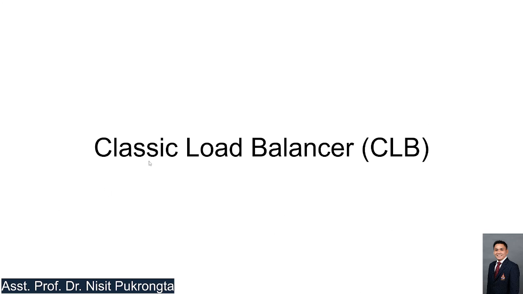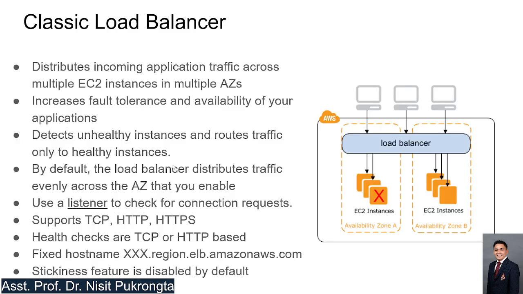For the classic load balancer, you can use it to distribute incoming traffic across multiple EC2 instances in multiple availability zones and increase the fault tolerance and availability of your application.